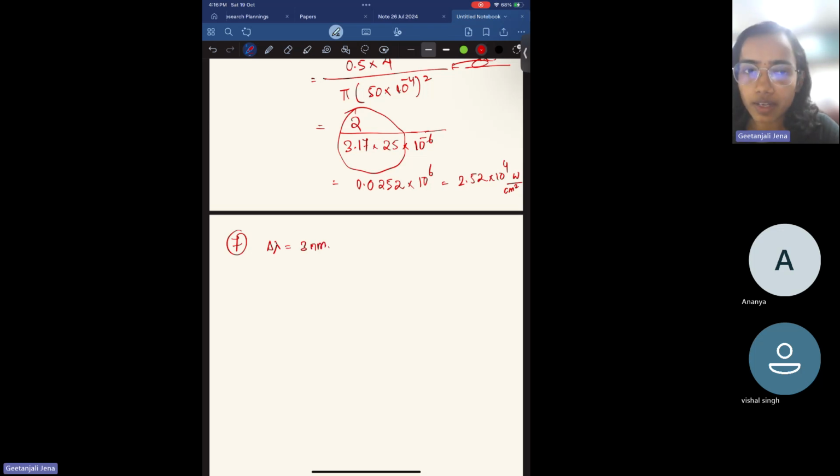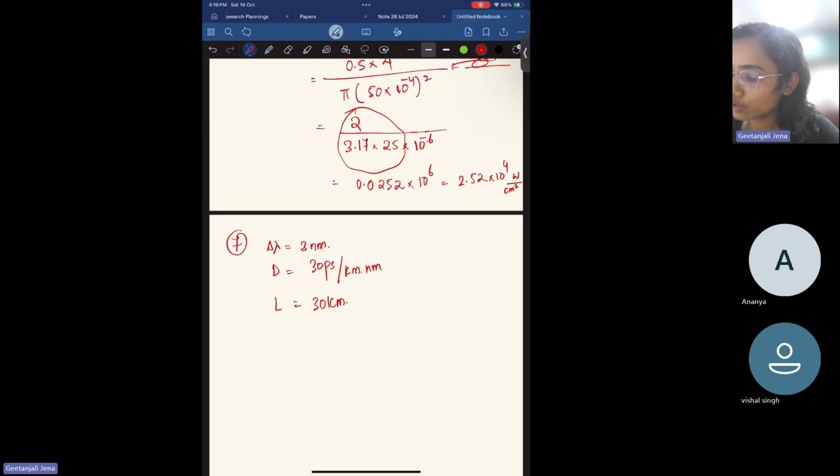The dispersion parameter of the fiber, D, is 30 picosecond per kilometer nanometer. Calculate the temporal spread of the signal pulse after propagating through a fiber of 50 kilometer. That is, L is given. Then give the temporal spread in nanosecond.